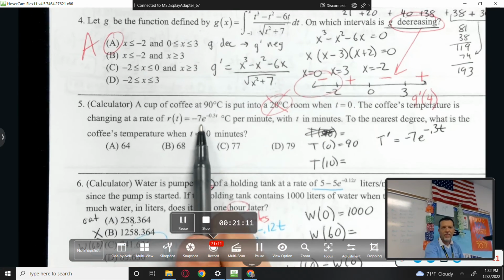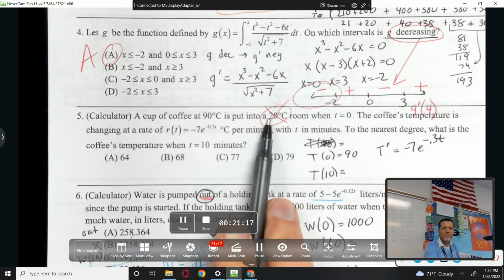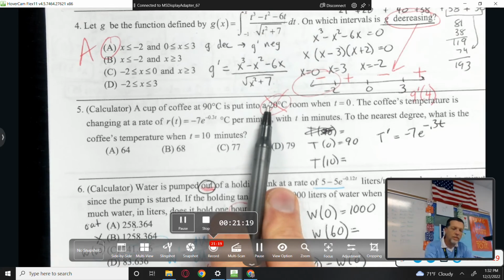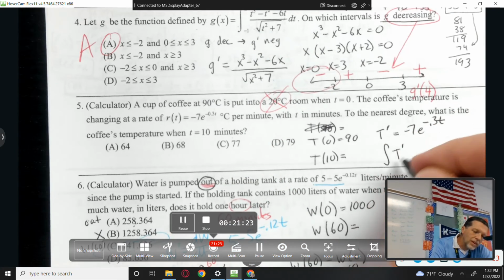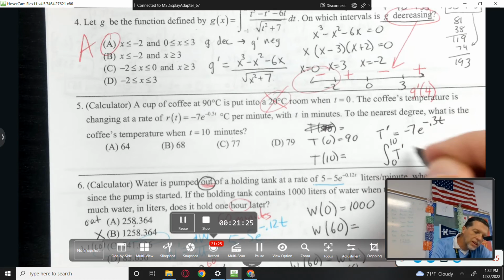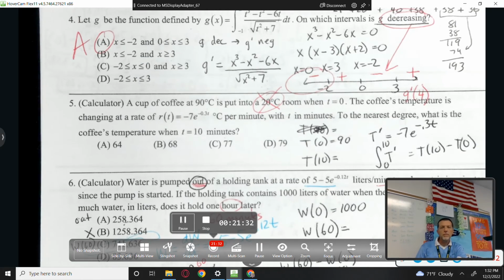If the coffee is outside in the freezing cold, then that rate is probably different. But that number doesn't affect my problem. So I want to integrate T prime from 0 to 10. T of 10 minus T of 0, and then I can go from there.